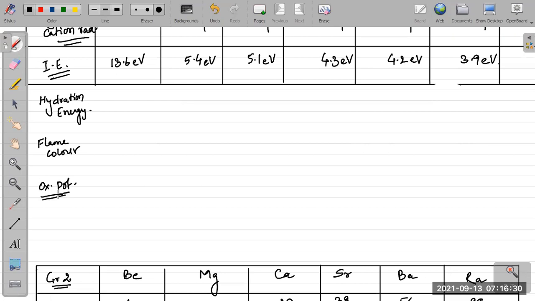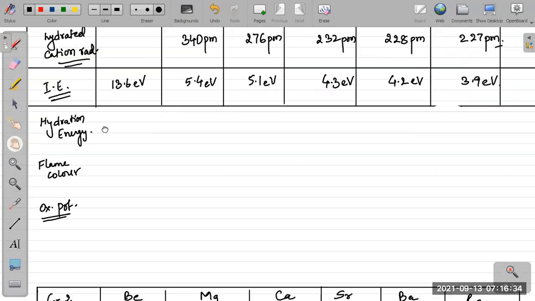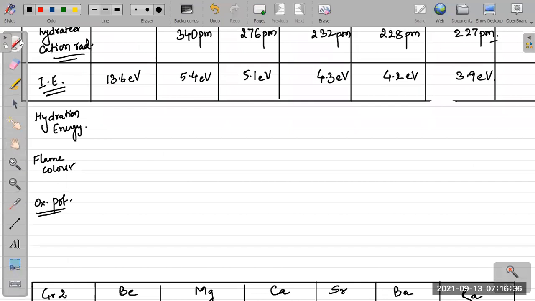For hydrogen these pieces of information are not relevant, but from lithium it becomes relevant. For lithium the hydration energy value is 506 kJ per mole.